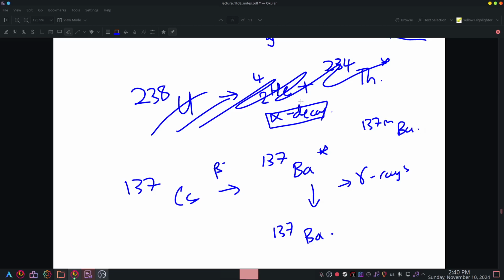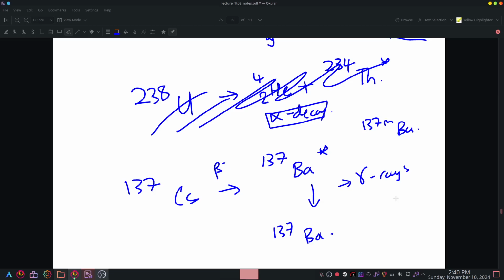Sometimes they call this barium-137m. The m is for metastable. Whenever there is this sort of nuclear reaction, in this case a beta decay, there is some excess energy in this nucleus that allows it to be excited. The result of this excitation is that it will try to de-excite itself.